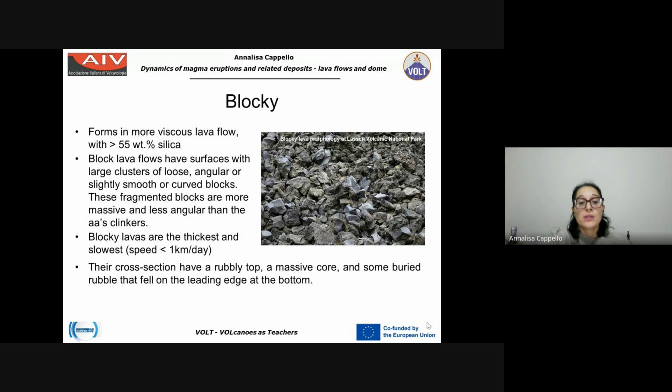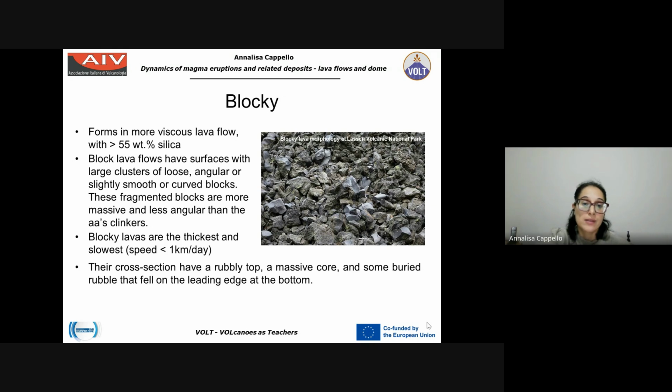Blocky lava flows have surfaces with large clusters of loose, angular and smooth or curved blocks, but these blocks are different from those forming in aa lava because they are more massive and less angular than the clinkers.